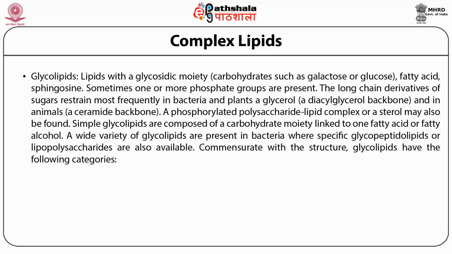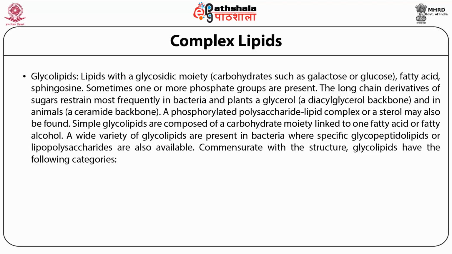The long-chain derivatives of sugars are found most frequently in bacteria and plants with a glycerol, which is a diacylglycerol backbone, and in animals it contains a ceramide backbone. A phosphorylated polysaccharide lipid complex or a sterol may also be found.